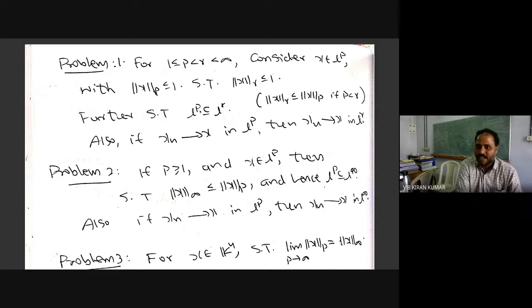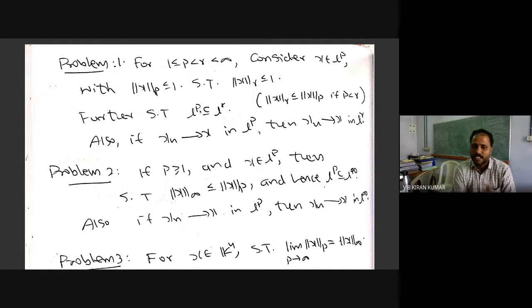Then now let us look at l^p. Let 1 less than or equal to p strictly less than r, and finite. Suppose ||x||_p is less than or equal to 1. What do you mean by that? Summation |x_j|^p is less than or equal to 1.